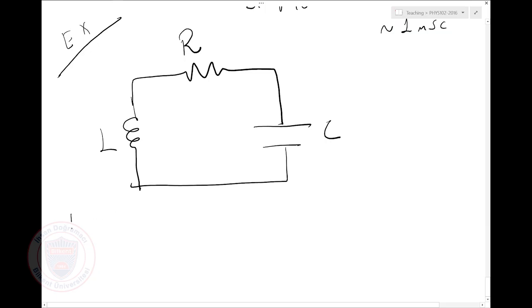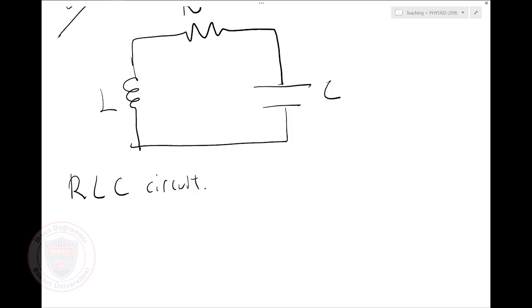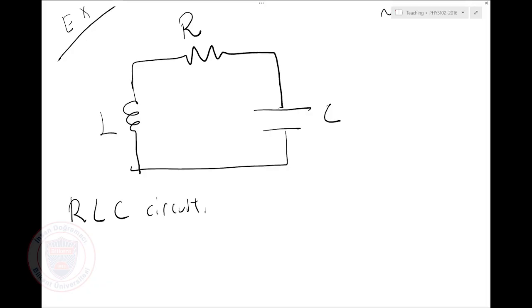So let's study the RLC circuit. Let me first write down the central equation that we need to solve here. I will not go through the solution of the differential equation. I'll tell you what happens.